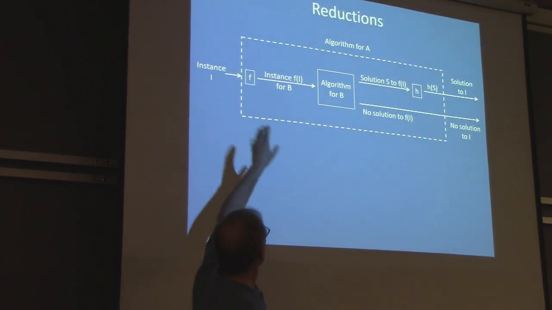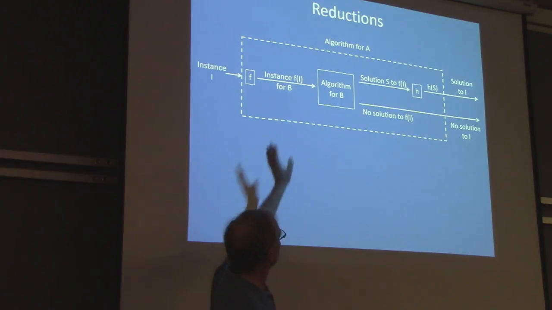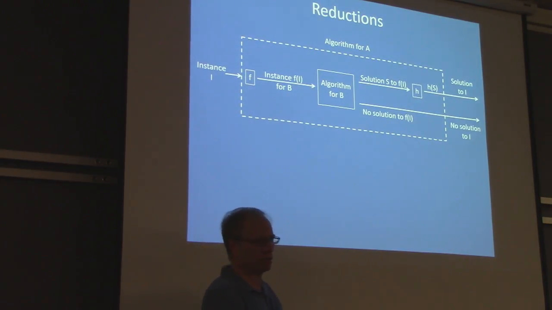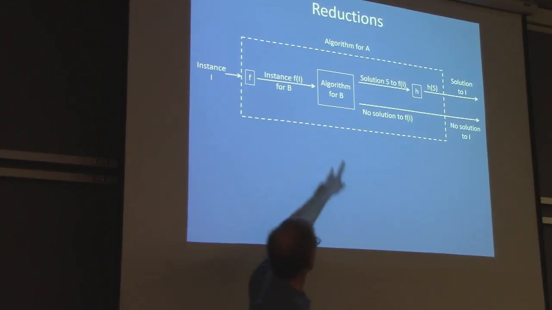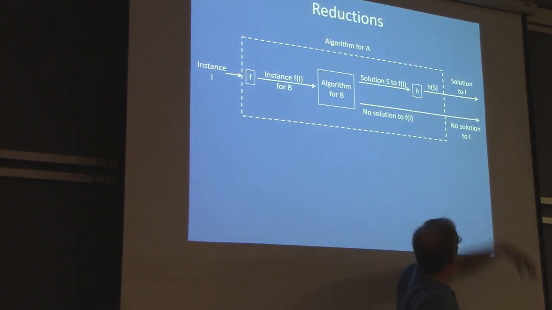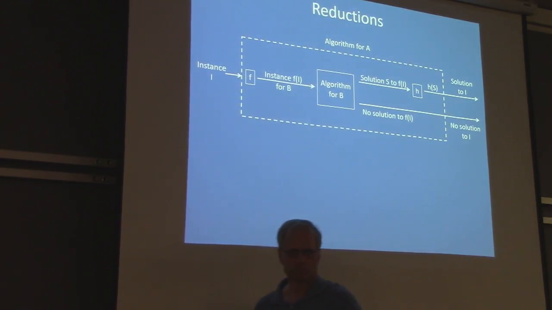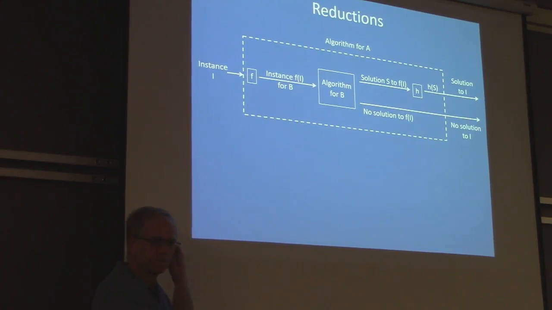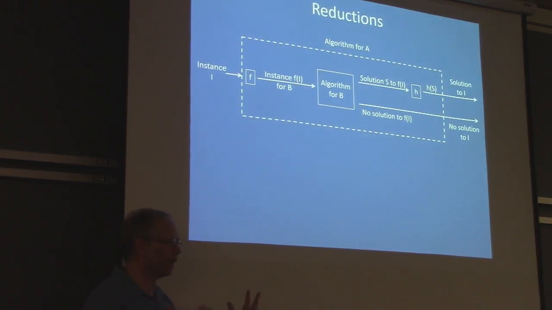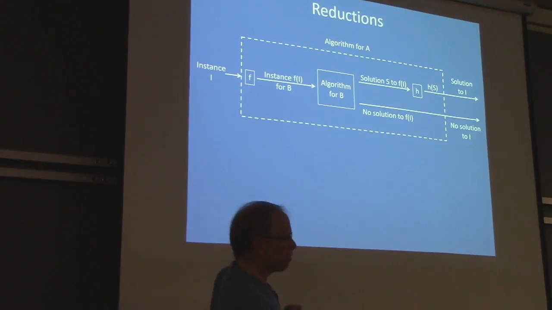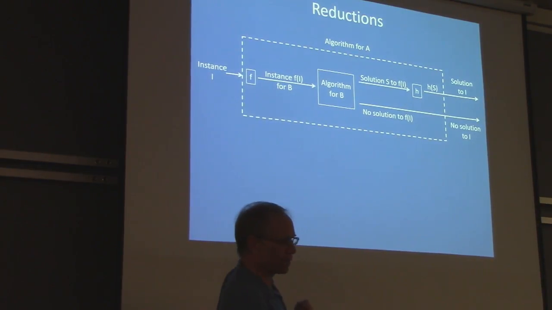And if A and B are close to the same problem, F and H can be pretty simple. If A and B are radically different problems, you probably have to work pretty hard on F and H. And then finally, if there's no solution to B, we just report there's no solution for input I.